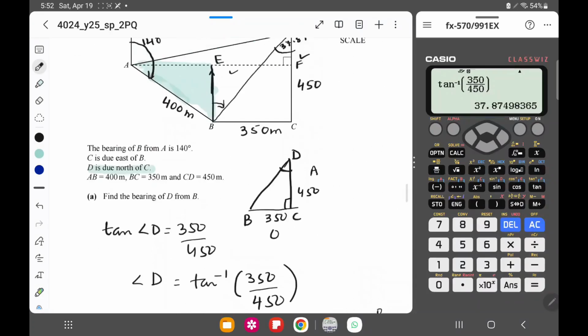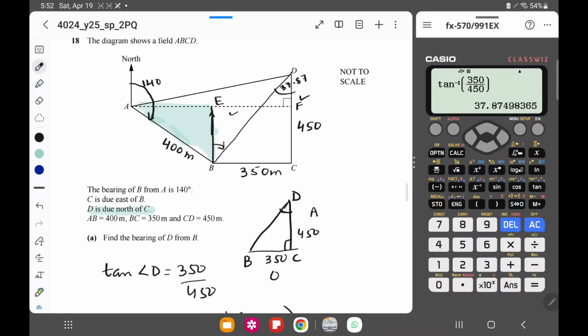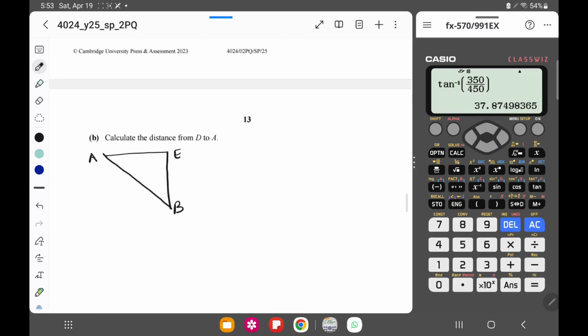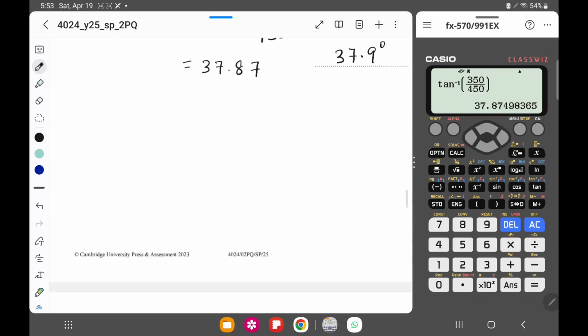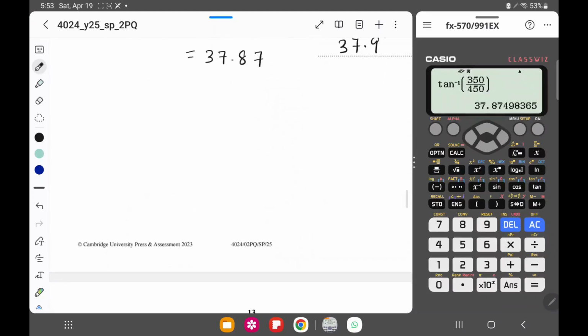For finding out the triangle EBA, we know that angle EAB is equal to 140 minus 90, that will be equal to 50 degrees. Okay, 90, 50 degrees, and the hypotenuse is 400 given in this part, 400 meters.